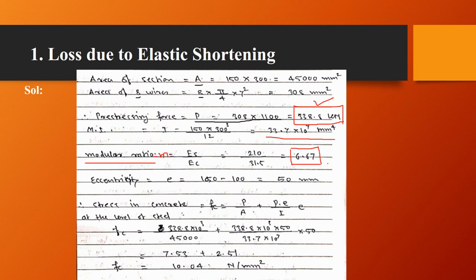And again in that problem they have given that the tendons are located at 100 mm from the soffit. It means that the beam has a cross-sectional size of 150 by 300. So below the neutral axis this depth is 150.